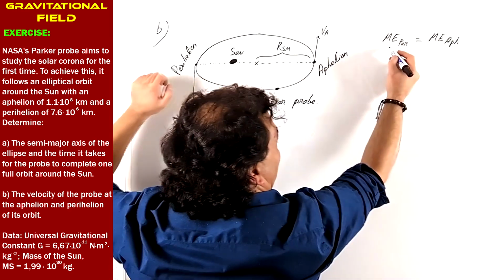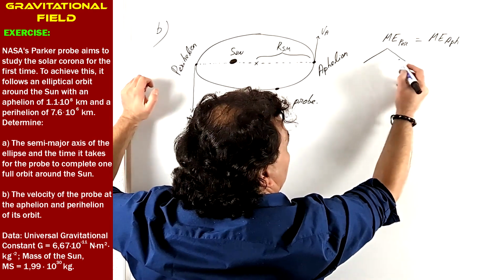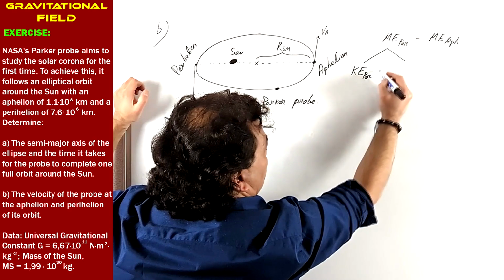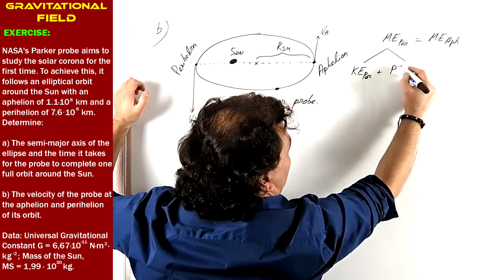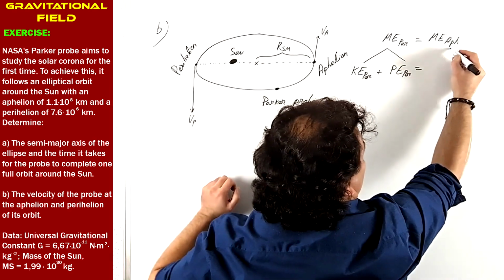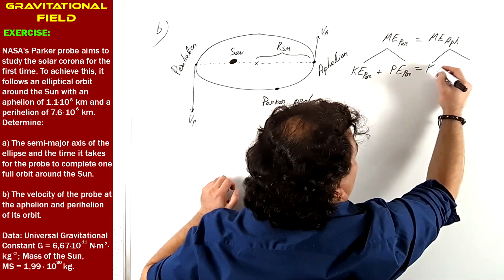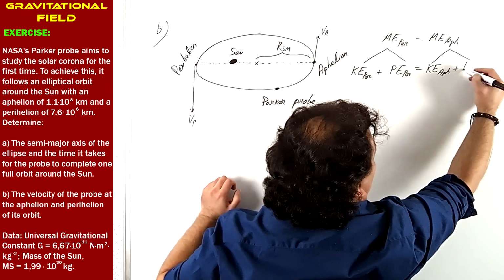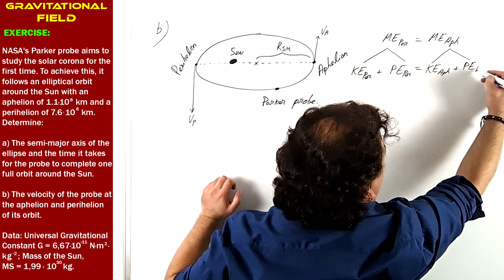And the mechanical energy at the perihelion is kinetic energy at perihelion plus potential energy at perihelion. That must be equal to kinetic energy at the aphelion plus potential energy at the aphelion.